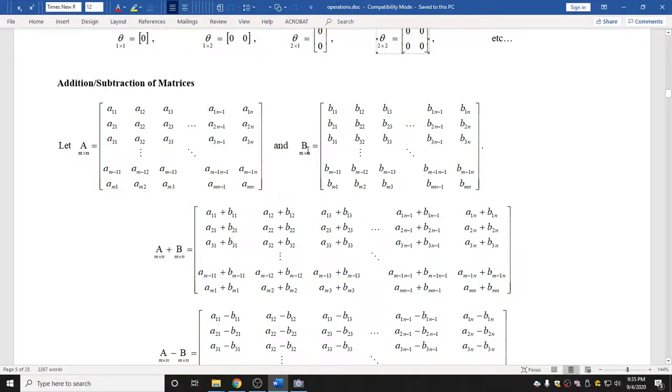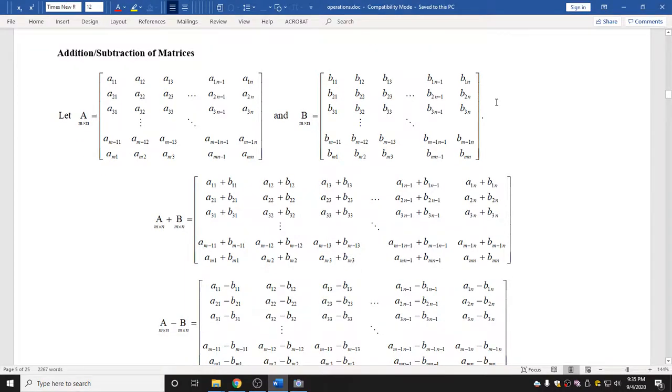Let B also be an m by n matrix. So here we're denoting a matrix B with m rows and n columns. So how do we add them? Well, we do the following. We get another m by n matrix. The result is a matrix with m rows and n columns.